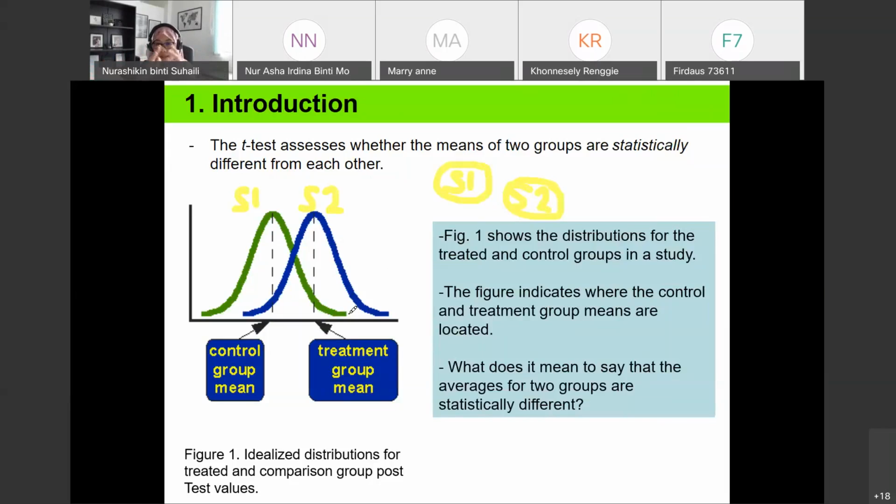That is like one sample. And you want to compare the weight of students in FSTS with the weight of students in FK. So FK is another sample. That is S2 in this case, sample 2.